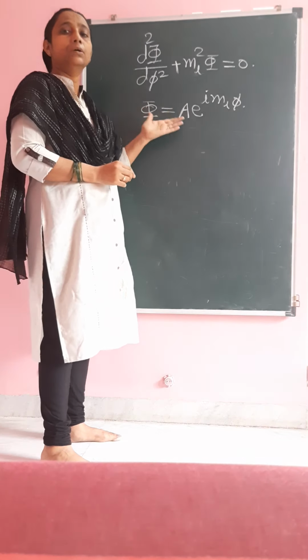So now these two terms will get cancelled, and what we will have is e raised to i ml 2 pi is equal to 1. Now if it is true, then our ml will have values like 0, plus minus 1, plus minus 2 and so on. So this is about the phi equation.